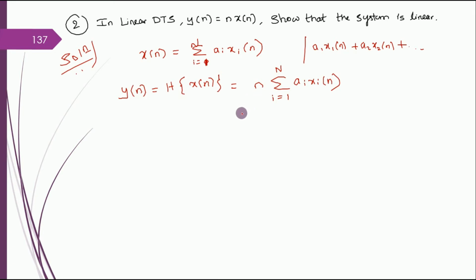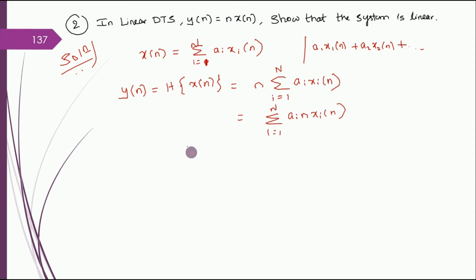So this is as good as writing summation i is equal to 1 to n of ai n xi of n. Here you can check whether the n is scaled before adding or after adding.